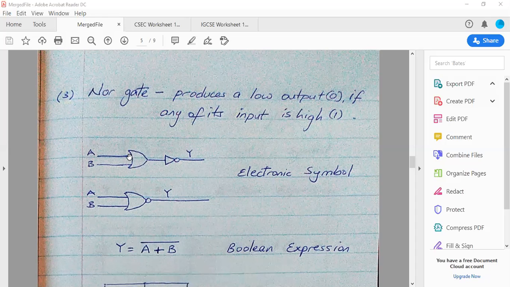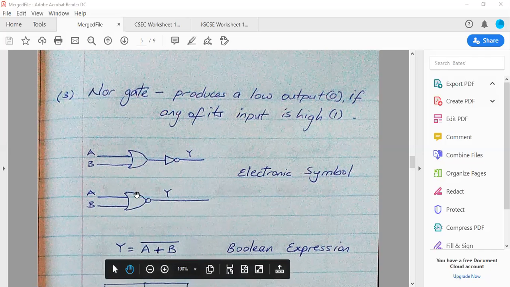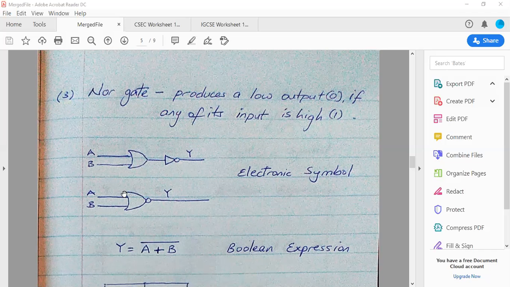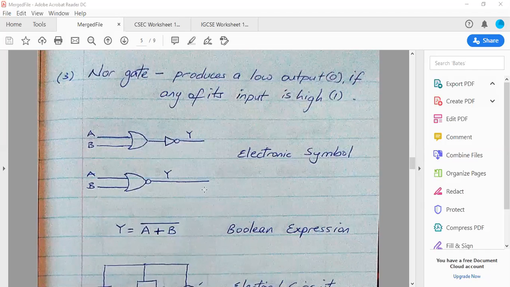However, these are two different gates. So they designed the NOR gate by itself. Instead of using two gates, they created one specifically called a NOR gate, and you would just add a bubble at the end. That's the electronic symbol for it.